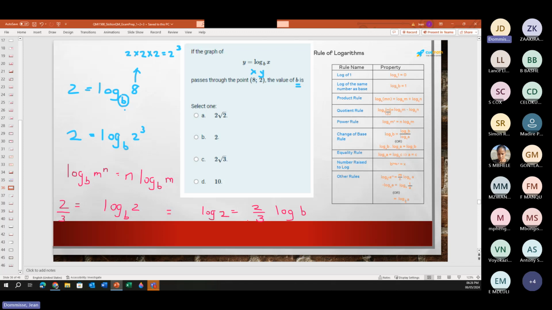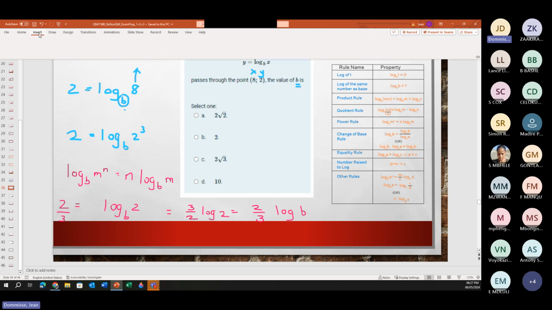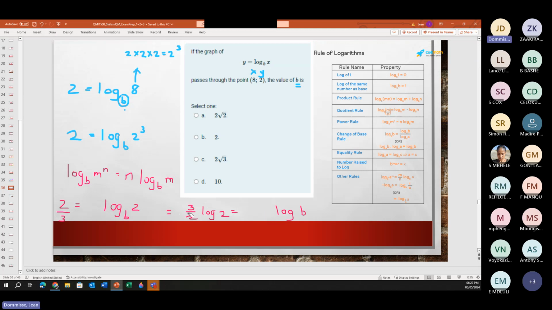Log 2, and to get rid of the 2 over 3, we will multiply on both sides by 3 over 2. So we get that log B is equal to 3 over 2 log 2. Okay, so by using all the log definitions, that is what I've worked out.